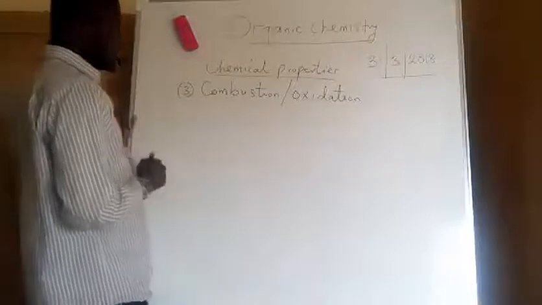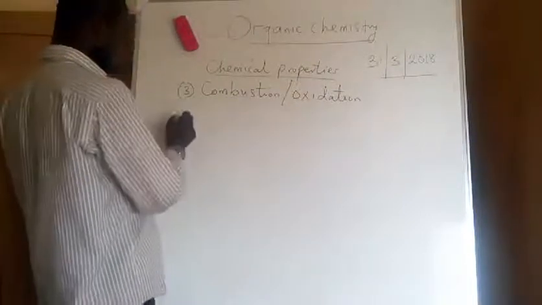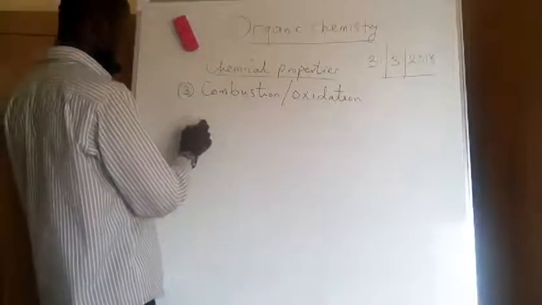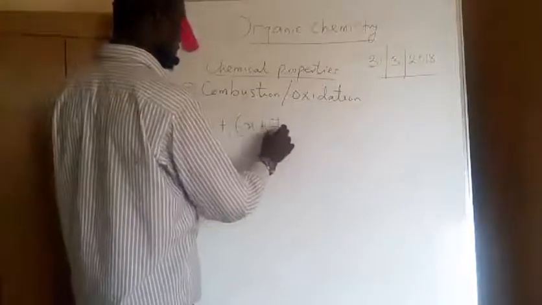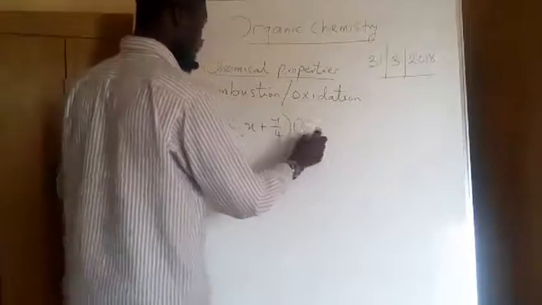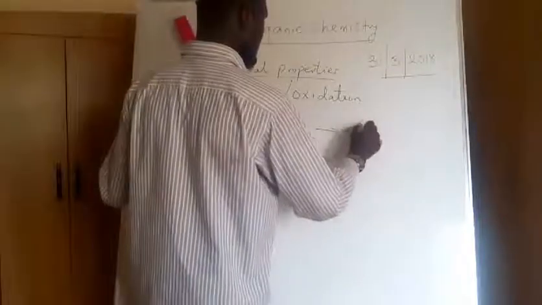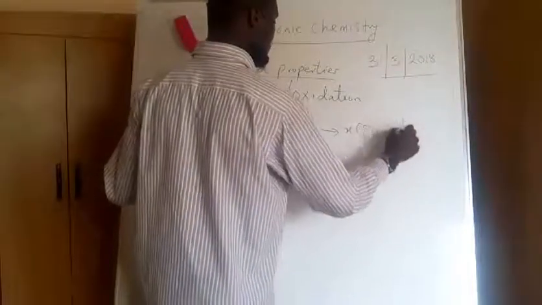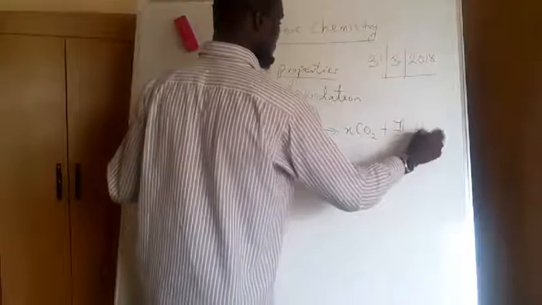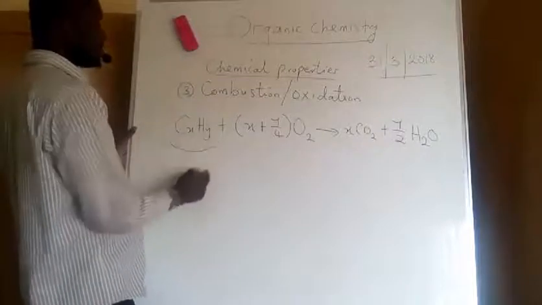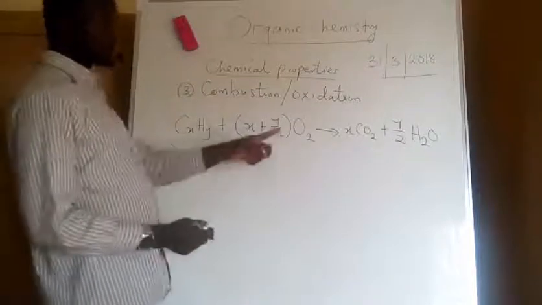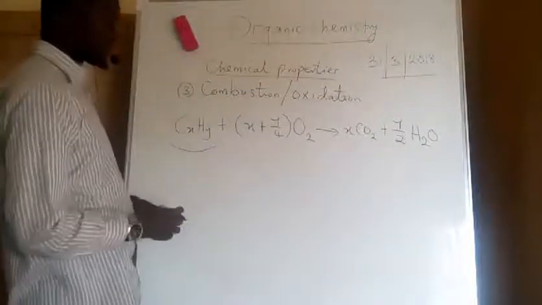Now the formula for combustion of alkane is CxHy plus (x plus y over 4) O2 to give x CO2 plus y over 2 H2O. So when an alkane undergoes a complete combustion, this is the general formula to represent that.